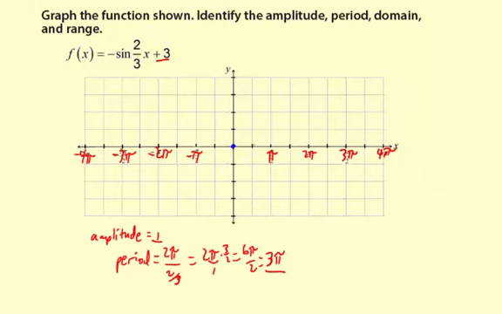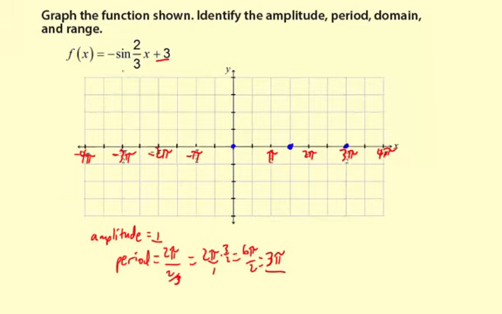And one cycle of the function is going to be at 3 pi, because that's what the period of the function is. Now for the sine function, we have a 0 at 0, and then another one at the end of the period. There's also one halfway in between. There are 3 zeros like that.